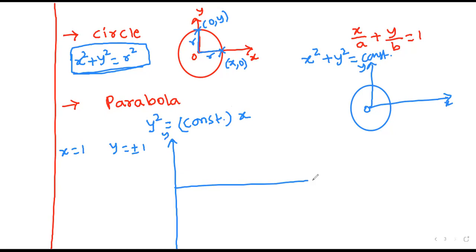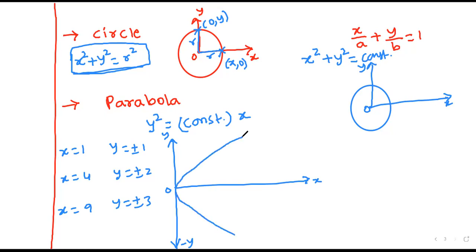When x equal to 4, y is equal to plus or minus 2. When x equal to 9, y equal to plus or minus 3. If we plot these points, we'll get the graph like this.